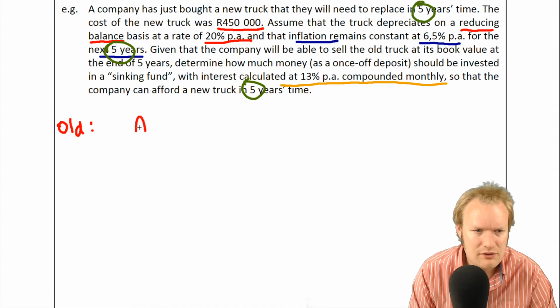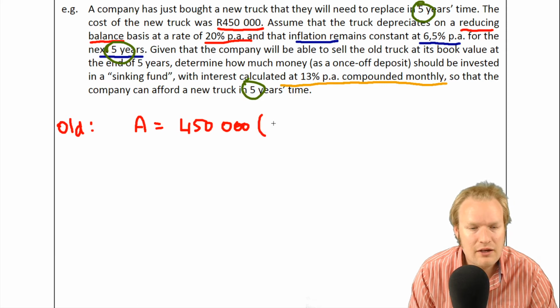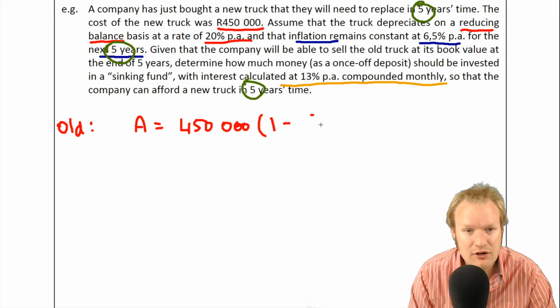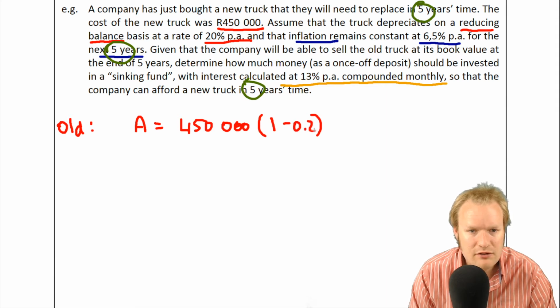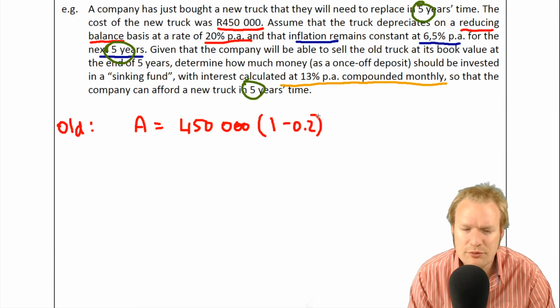Well, our future value is 450,000, and it's going along at reducing balance, so we know it's 1 minus i, to the power of n, and it's 20% per annum, 0.2, it's just per annum, for 5 years.